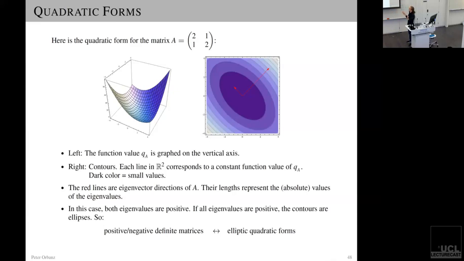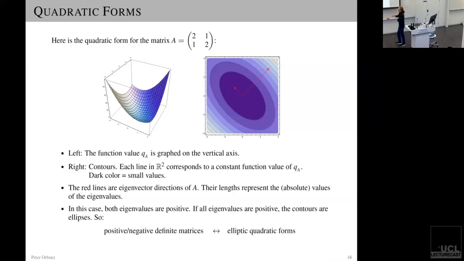I've done that here again with the eigenvectors scaled according to the eigenvalue. Now you can see that these vectors exactly align with the directions of this ellipse, right? They're exactly aligned with the semi-axes of this ellipse.